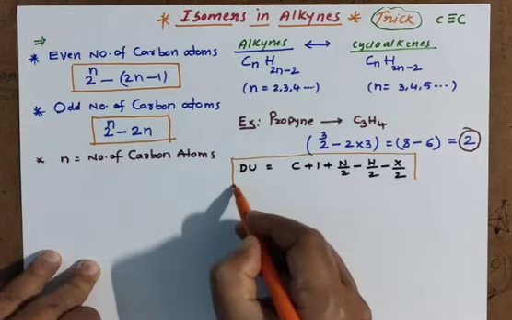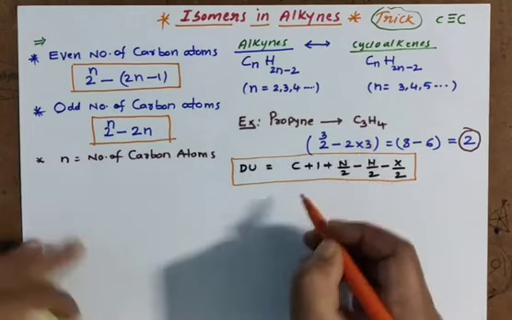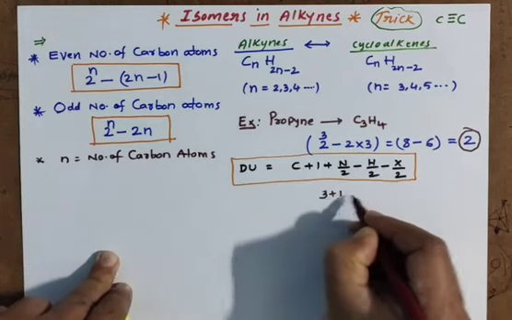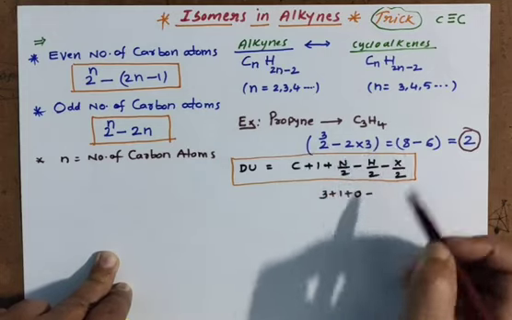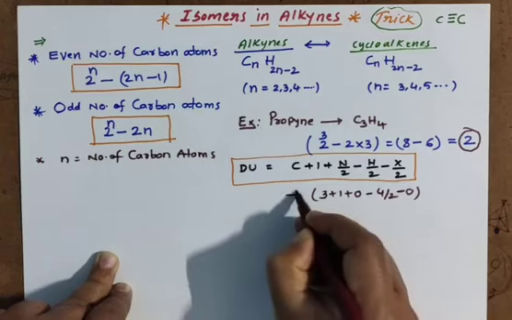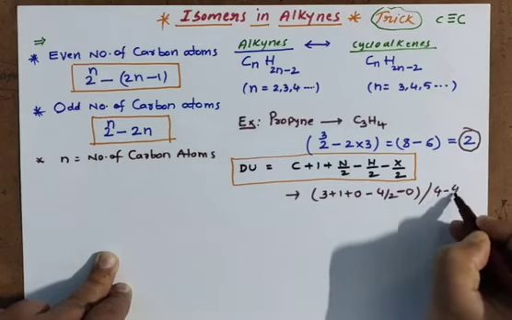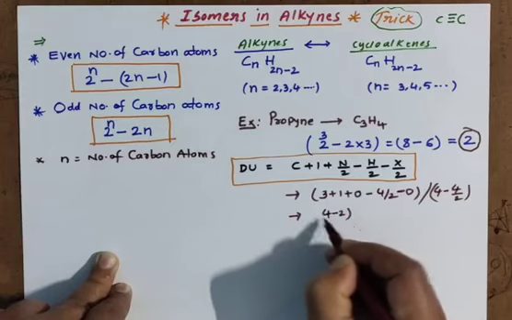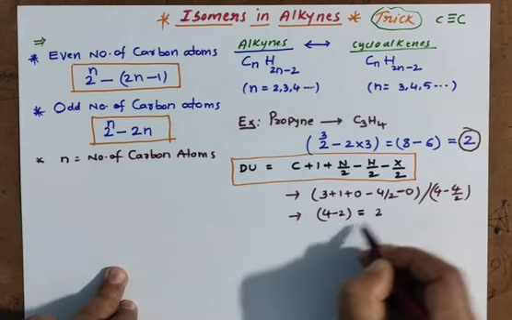Here there are 3 carbon atoms, so DU equals 3 plus 1 plus N by 2, no nitrogen, minus hydrogen 4 by 2, minus X by 2, no halogen, 0. That is 4 minus 2, so DU is 2.